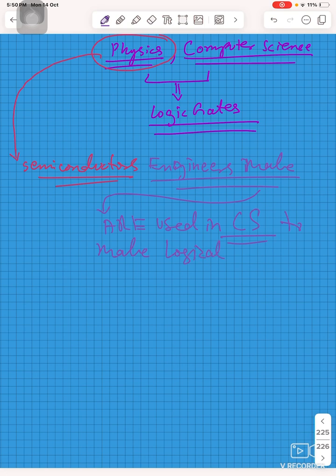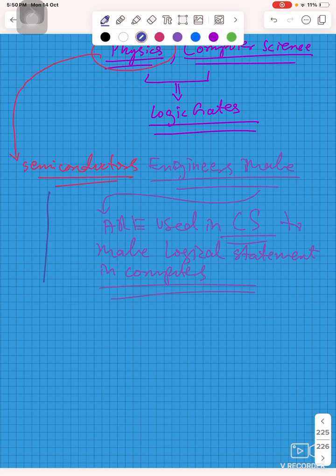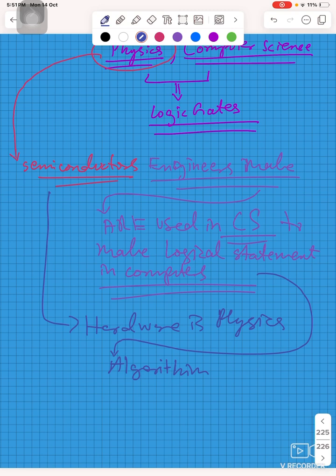So CS uses them to make logical statements in computers. Okay, so we can say in terms that hardware is physics, but algorithm is CS.